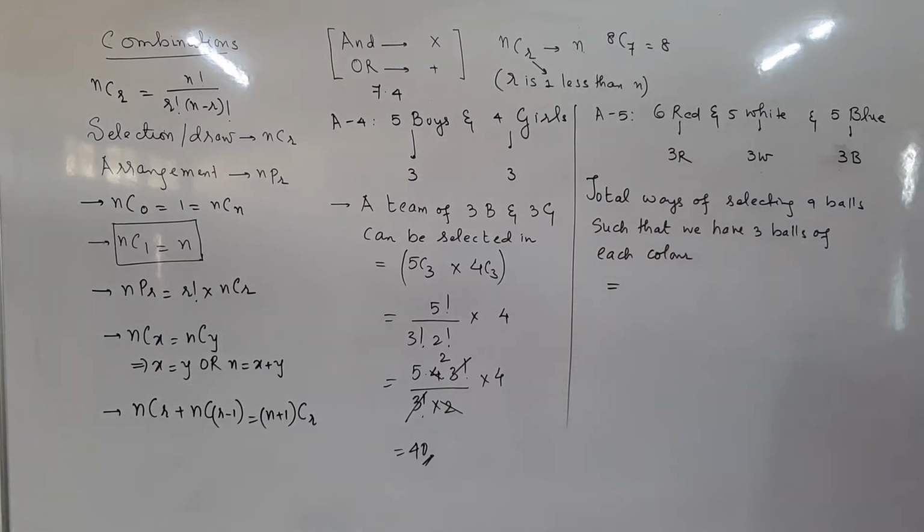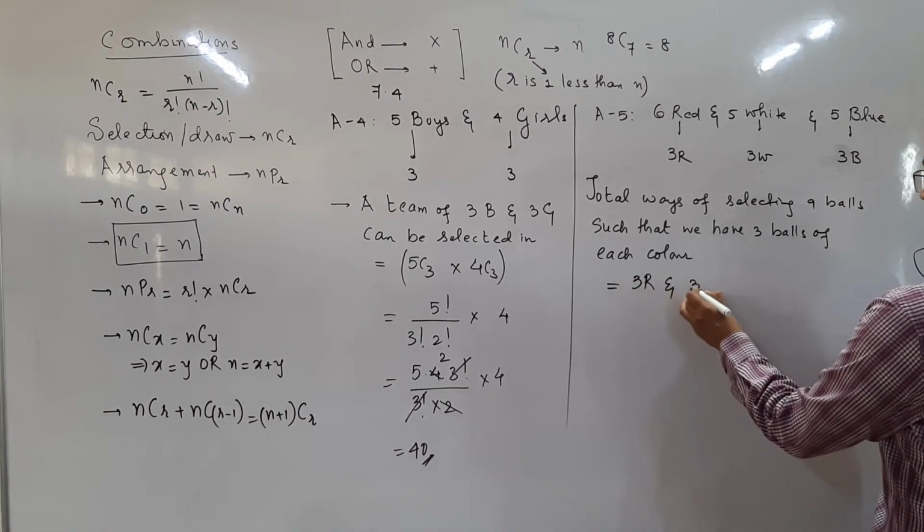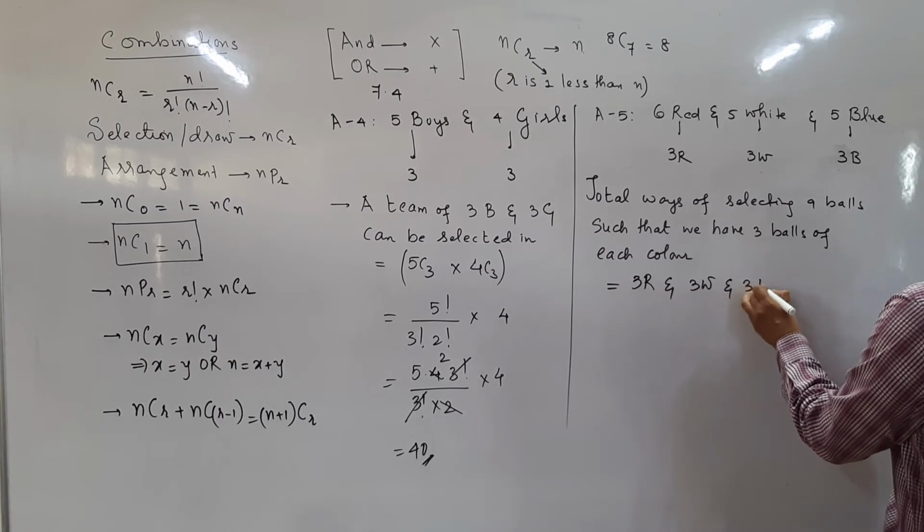The statements are very few, students, but the main aspect is to apply the concepts of permutation and combination. So we have 3 red and 3 white and 3 blue.